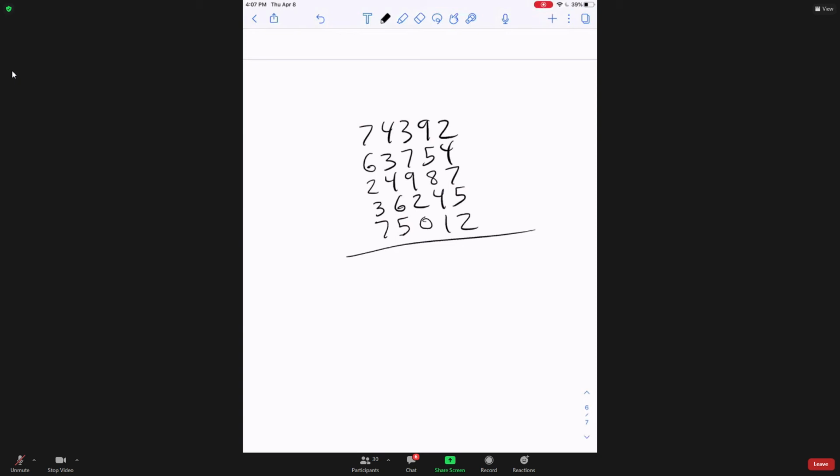I'm going to go left to right, right here. Go ahead, you can start. Done. See how fast that was? 274,390. All right. Do you want to check it?